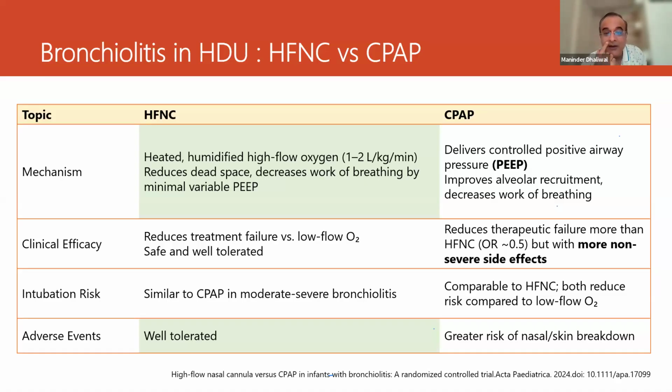And CPAP by mechanism should not have a leak. If there is a leak in CPAP, CPAP is not CPAP. So there are separate cannulas for CPAP, that are RAMPS cannula. And for HFNC, we have separate cannulas where the leak is very important. And the studies have also shown that HFNC is better and even nasal prongs would do the job.